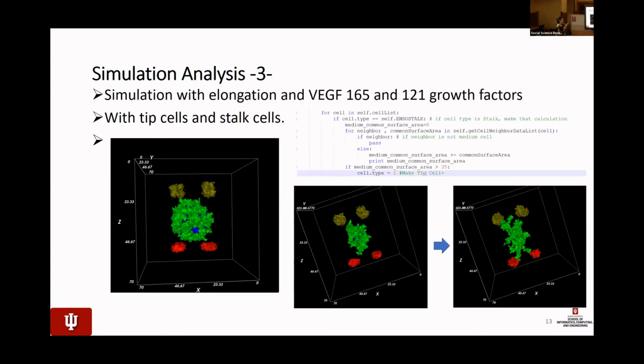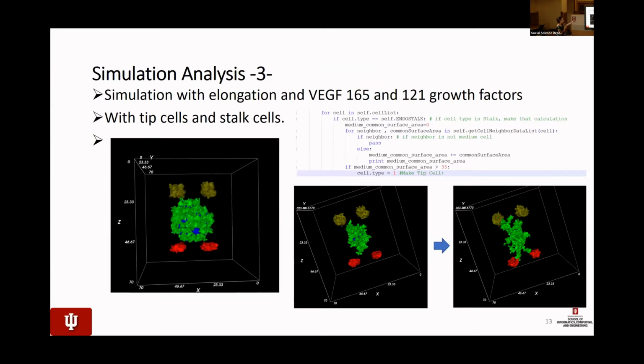So right now, since I am working with a 3D simulation, I don't have too many cells in here. So in here, the blues are the stalk cells, which are at the inside, and the green cells at the outside. After a certain point, since I don't have too many cells, most of them have a large contact surface with the medium.